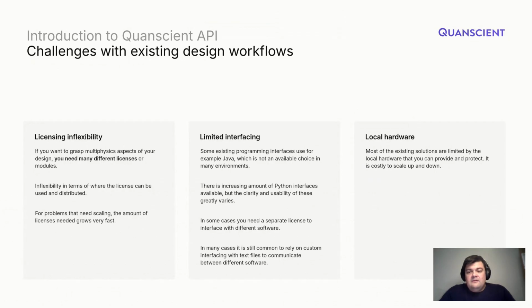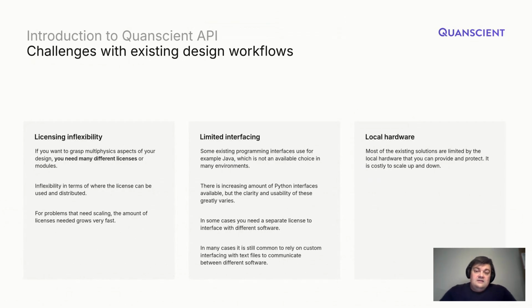So if you want to grasp all the multiphysics aspects of your design, you might need different modules per physics with different costs. And also the distribution of those licenses is restricted. And if you want to scale it in your own or cloud hardware, you need multiple licenses, and the costs can ramp up quickly.